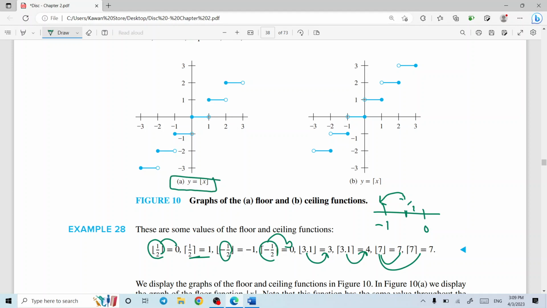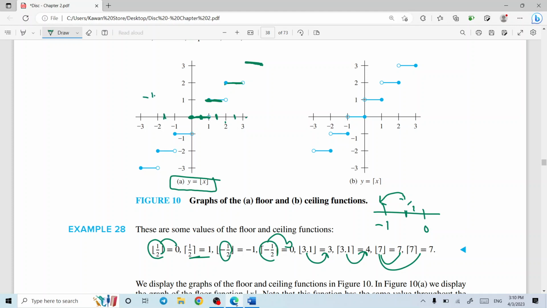Why? Because if I put any number between 0 and 1, I'll get 1. If I put 1, I'll get 1. If I put 2, I get 2. If I put 3 point something, I'll get 4. Am I right?